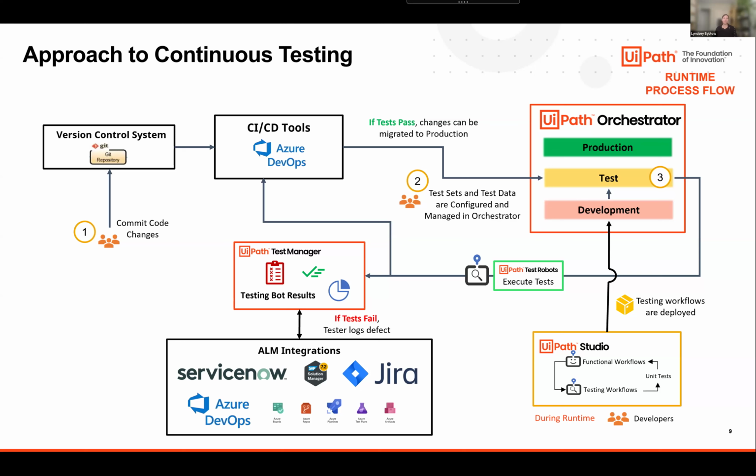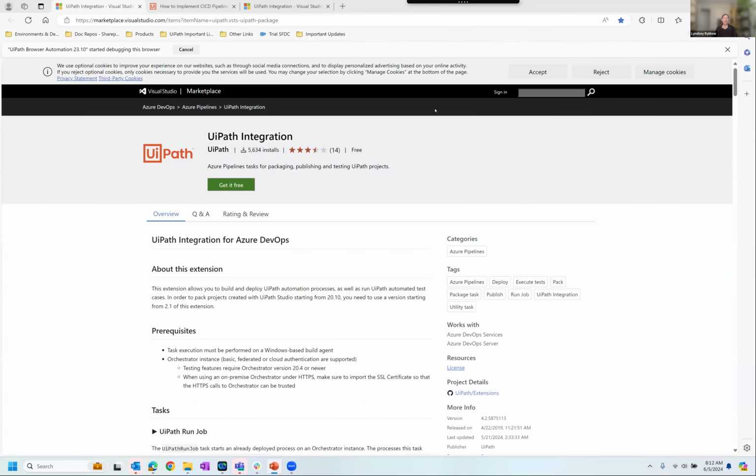So with that, we're going to dive into the tools. Enough slideware. I do have an ending slide that I'll pop up with some helpful links. And this will actually have the link to, for example, you see right here, the UiPath integration for Azure DevOps. So here's the plugin that you would grab.